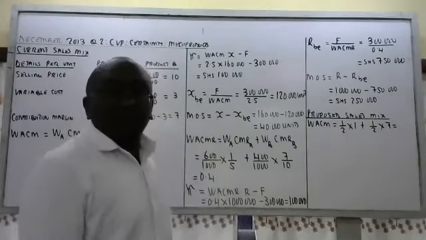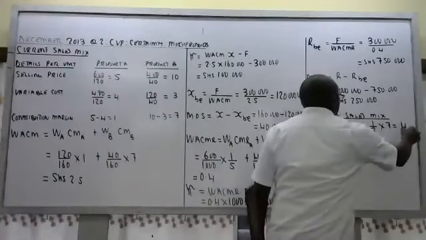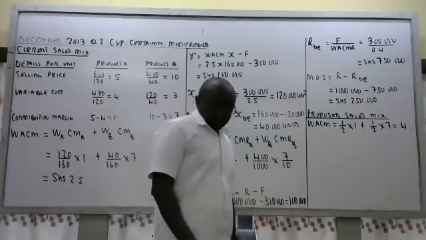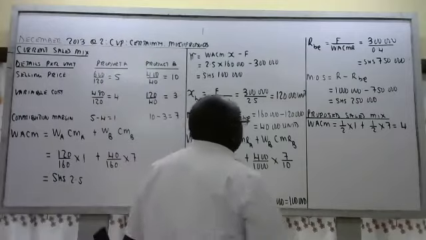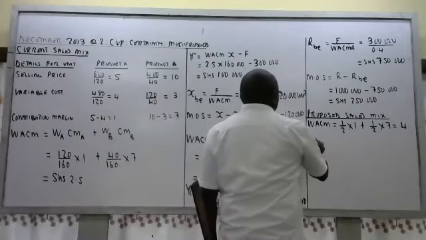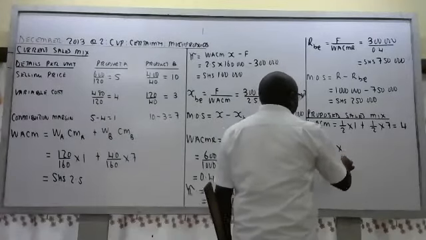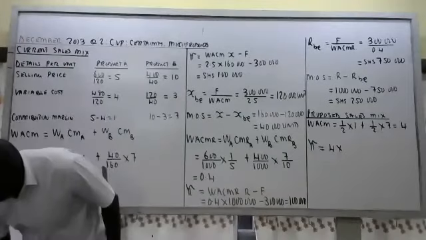Oh, John says 4. It's 4, good. I can see even Ivarin also. So with that now, the profit will be 4 times the total units remain.